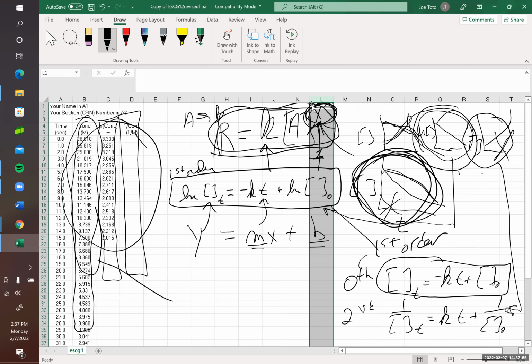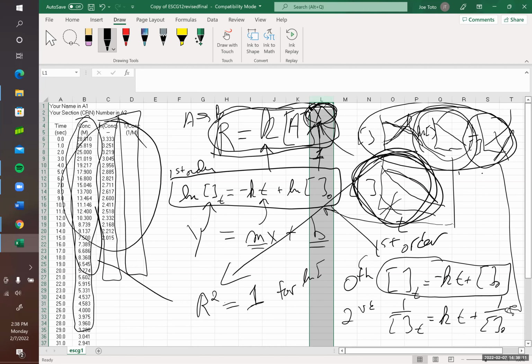So if I took the R squared values for all 3 of those plots, then the R squared value should be closest to 1 for the log of the concentration versus time compared to the others. And that's proof that that's the most linear, and therefore it corresponds to the integrated rate law for first order.